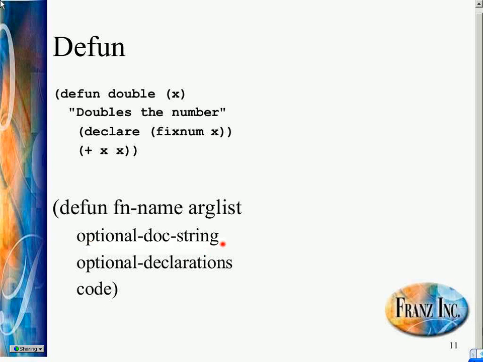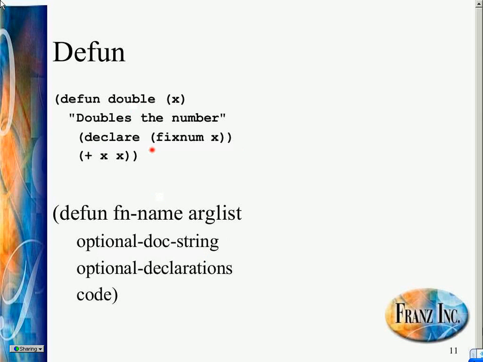Then you can have a string, which is interpreted as a documentation string. And you can also have a number of declarations which tell the compiler, if you compile this function, information about the function itself, its arguments, and also local variables within the function. Here we are telling the compiler that the argument is going to be a fixnum.